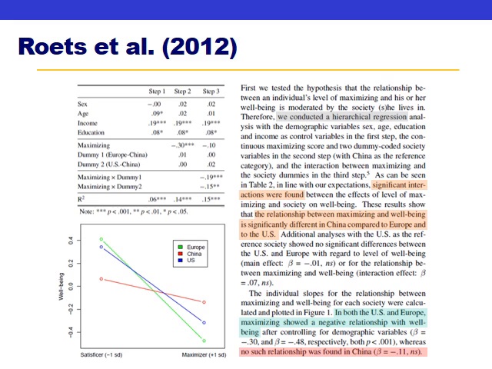So all this is for each of those 3 societies, it shows the regression line for that group. So in the Europe and US, you can see there's a lot steeper slope here, indicating a stronger relationship between maximizing and well-being. But in China, it's a pretty flat slope, right? Telling us that relationship is not significant.